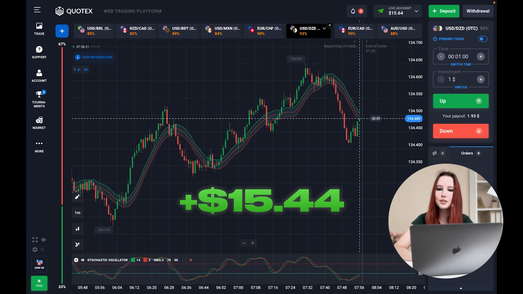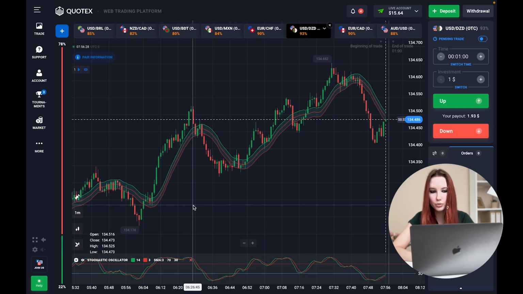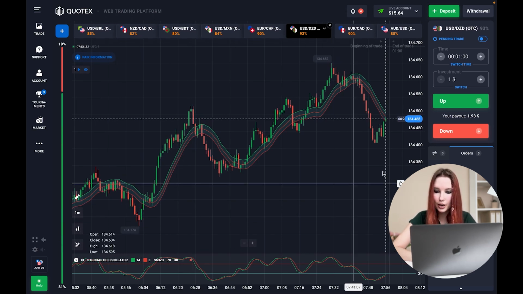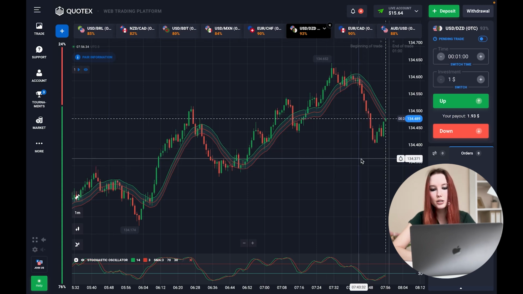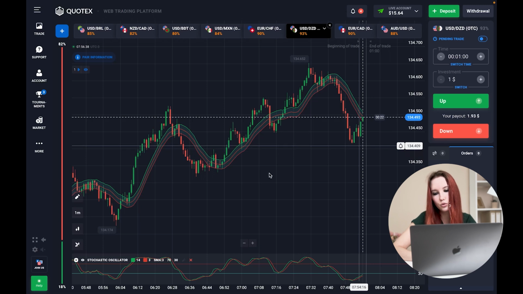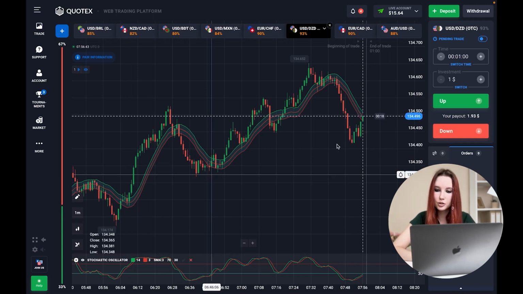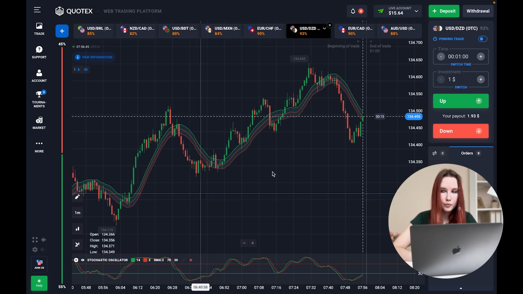Yeah, guys, another great entry point. Look, this strategy is actually great for beginners and for those who have a completely small deposit. And I want to remind you that the minimum deposit amount on Quotex is only $10. Well, you agree it's not too much, but thanks to this amount you can start with $10 and earn much more, really much more.